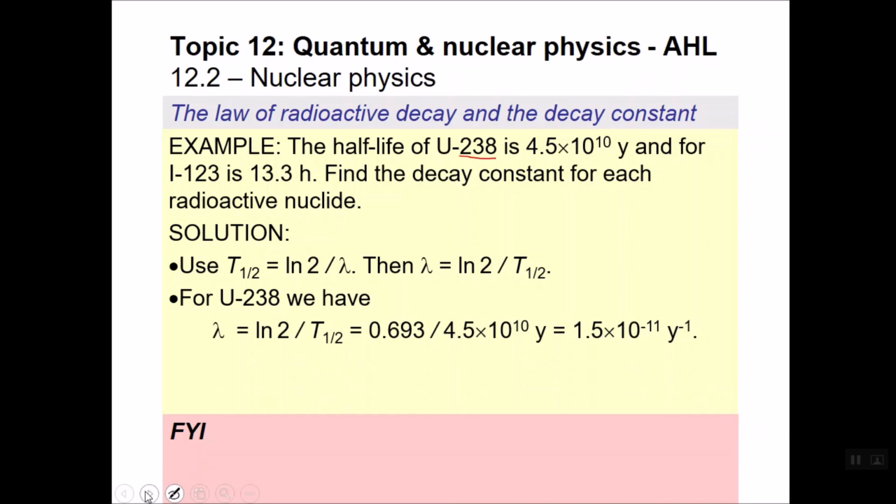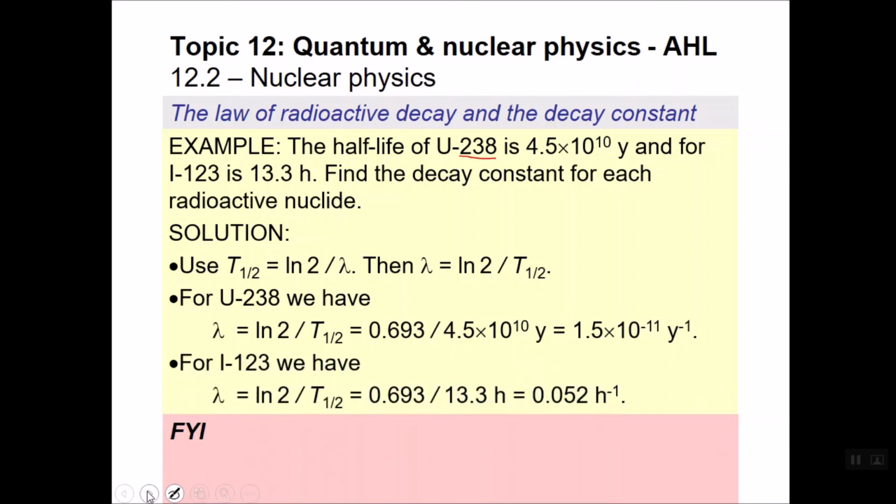This equation works. So ln of 2 is 0.693. It's just a constant. That's just what it is. Divided by the half-life is all it is. Do the same thing for I-123. And there you see the decay constants that were derived for each one.